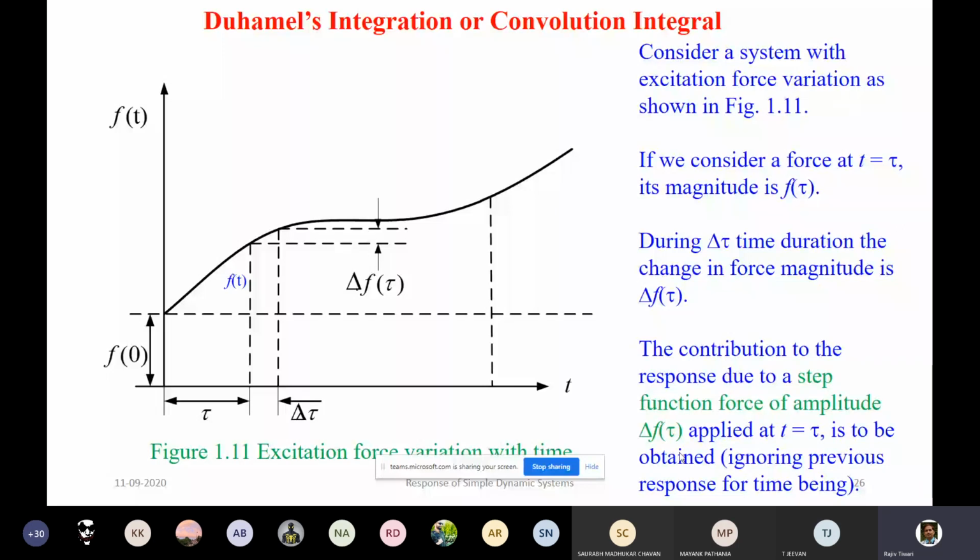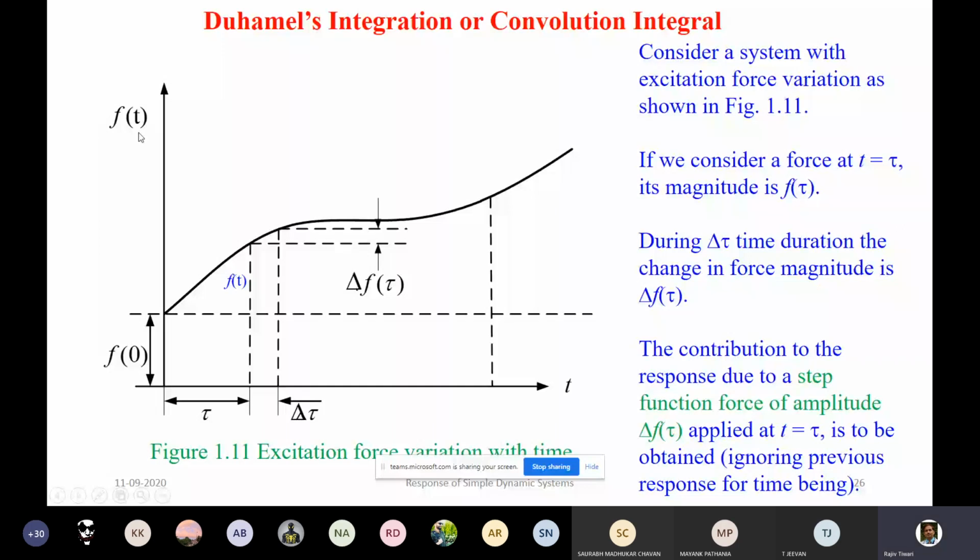In the figure you can see that this is the time axis and the force is the vertical axis. So force is varying in some pattern, and we have the force in functional form. So we can define at what time this particular force will have what magnitude.